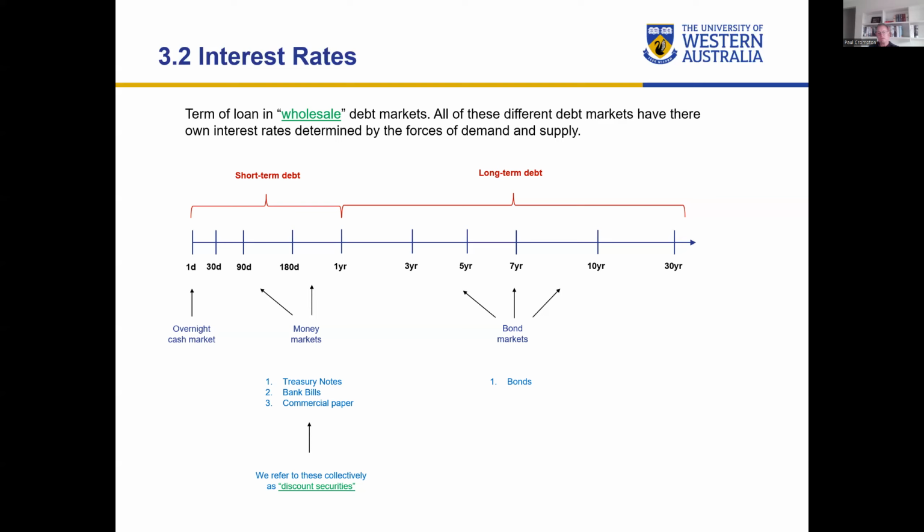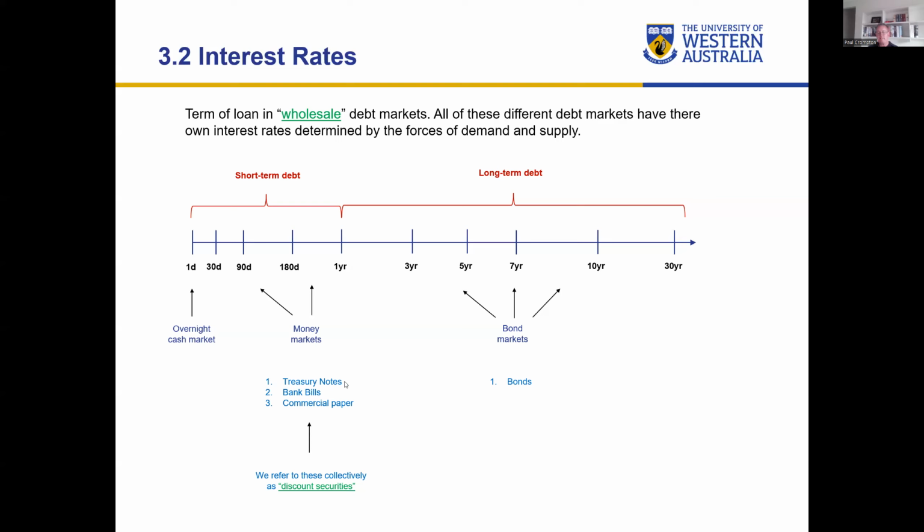In terms of these short-term debt markets, the lenders, remember, they can be Australian institutions, organisations, companies, or foreign institutions, organisations, companies. They can be companies, banks, governments, central banks, etc. So let's just think about it.